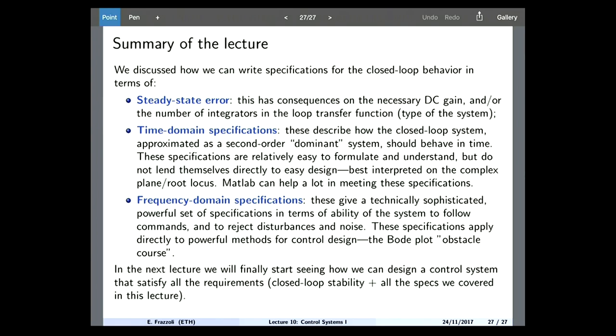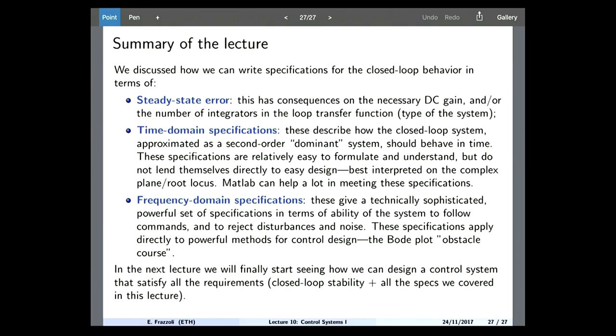What that means is that the magnitude of the Bode plot must be larger than something up to a certain frequency, period. Then I may want to say I want to reject noise above, say, 100 hertz by at least a factor of 1,000. Fine. Make sure that your magnitude Bode plot gets to below negative 60 dB when you get to 100 hertz.